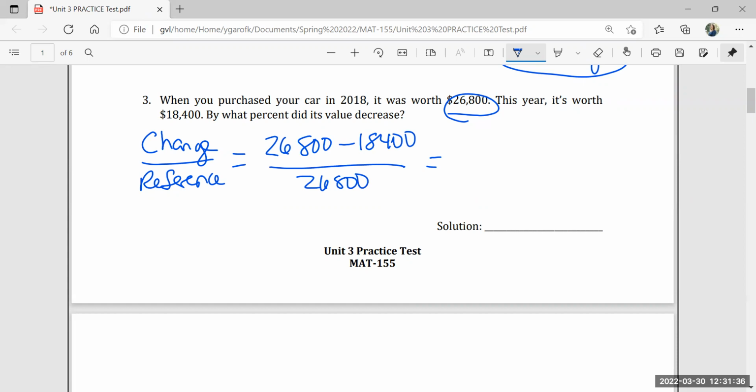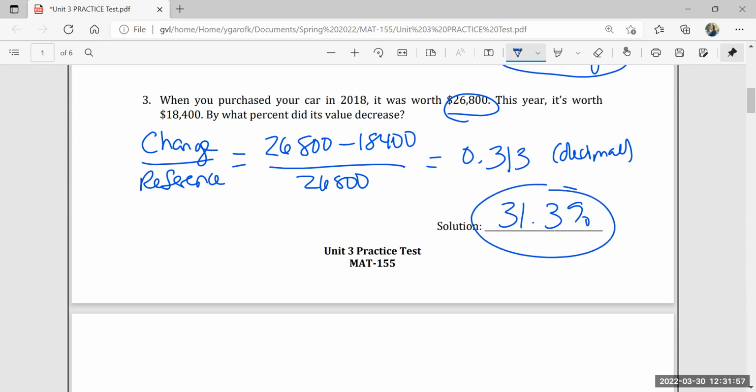And that is going to give us 0.313 roughly, okay? Remember to use percent though. This is your decimal form. So as a percent, we want to say that it changed by 31.3%.